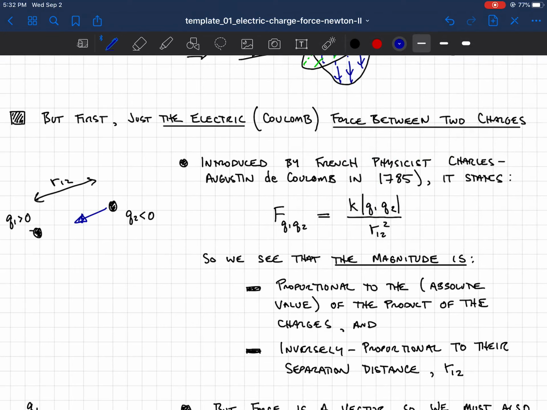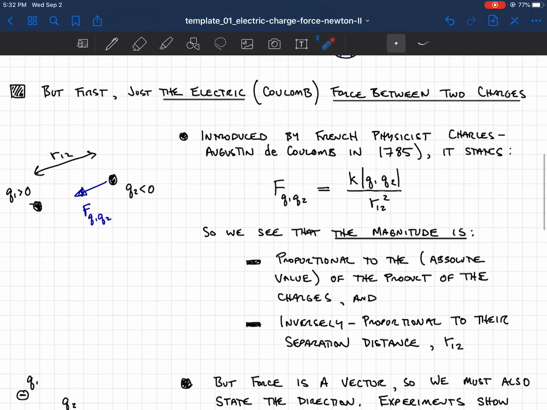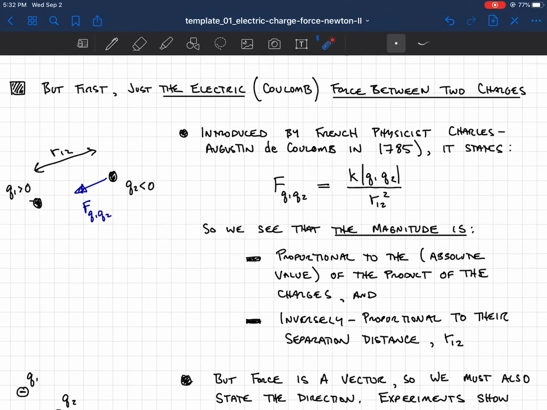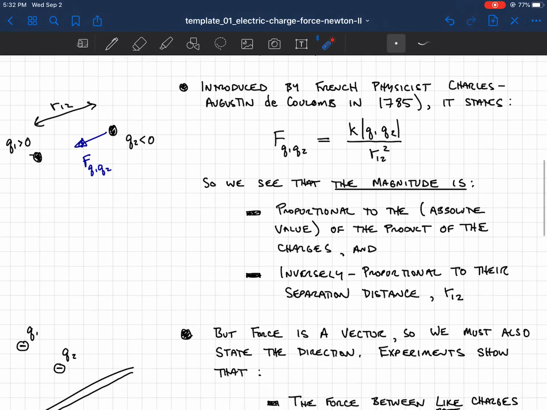So the force would look like this, force of Q1 on Q2, like that. The magnitude of that, the length of this vector, would be given by this equation. K is called the Coulomb constant, and it's something like 9 times 10 to the 9th in whatever units would give you back newtons when you use coulombs for the charge here.